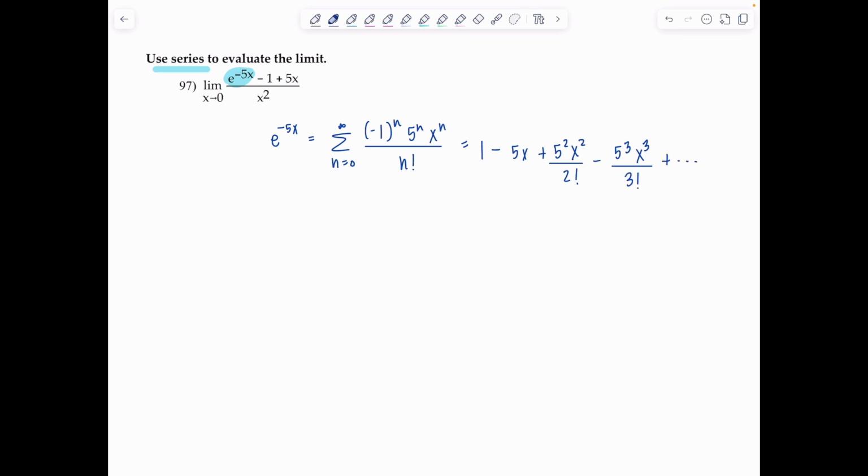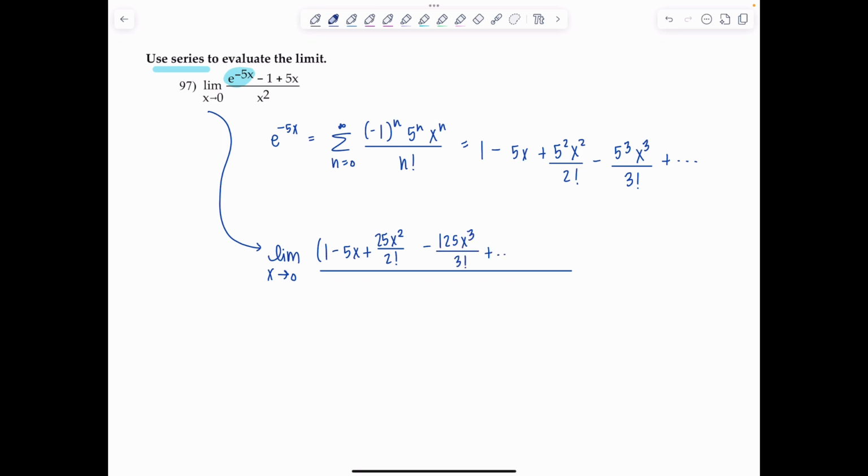So I'm going to replace this e to the negative 5x with all of this stuff, okay? So now we have the limit as x approaches 0. And just write out the first few and then put plus dot, dot, dot, okay? So 1 minus 5x plus 25x squared over 2 factorial minus 125x cubed over 3 factorial plus blah, blah, blah.